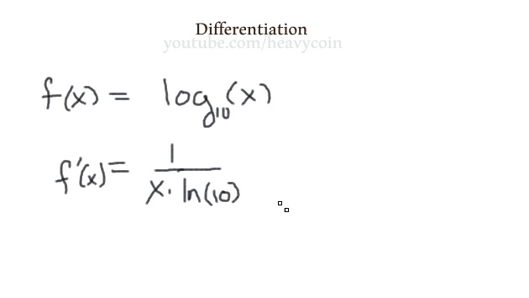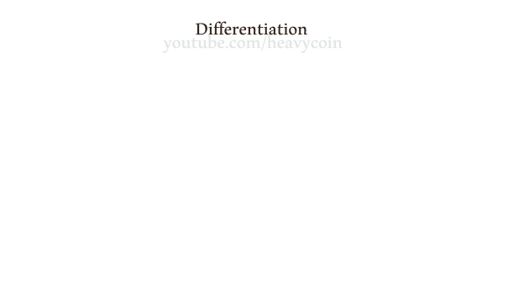Yes, it is, folks. All right, let's look at another example. What happens if I had y? We're going to use y this time. Like I said, it doesn't matter. y is equal to log of x squared plus 1.